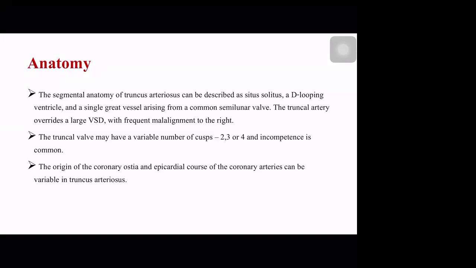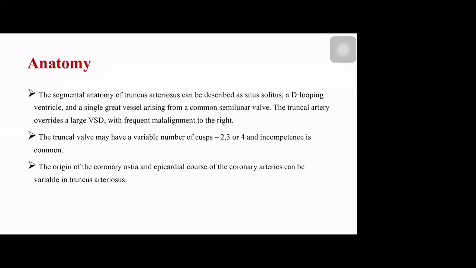The truncal artery overrides a large VSD with malalignment, and this type of malalignment is frequently to the right side. The truncal valve or the common semilunar valve has a variable number of cusps, either 2, 3, or 4. Commonly, there is truncal valve incompetency causing significant regurgitation.